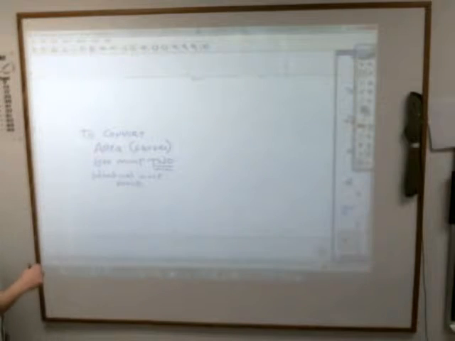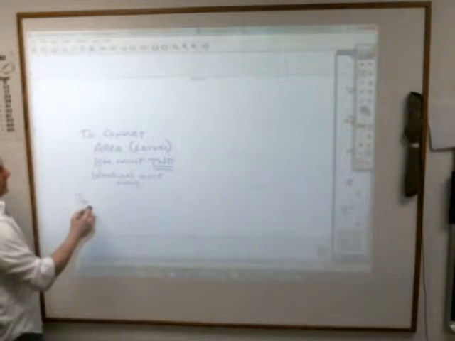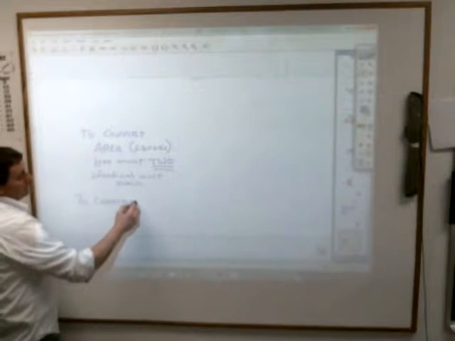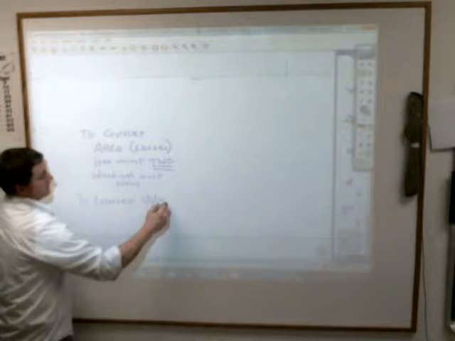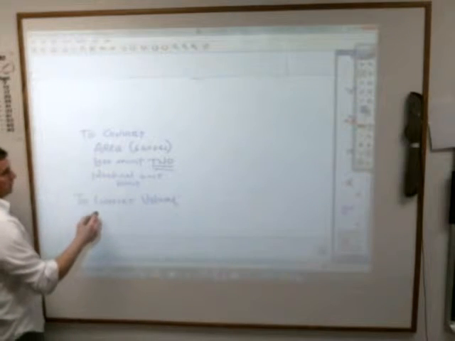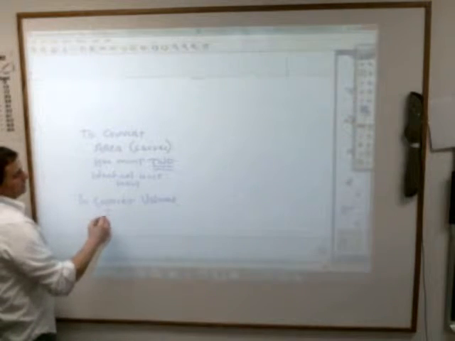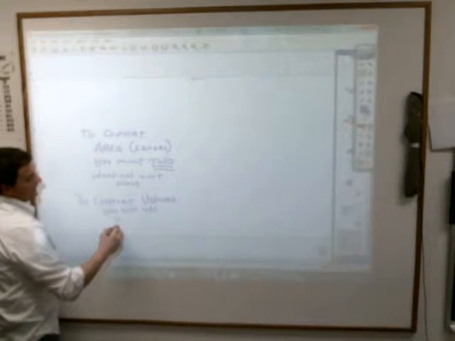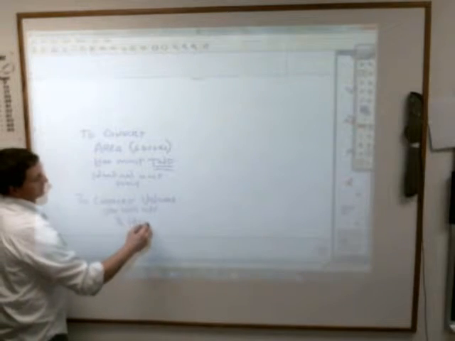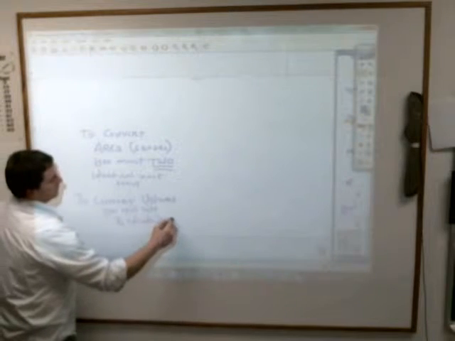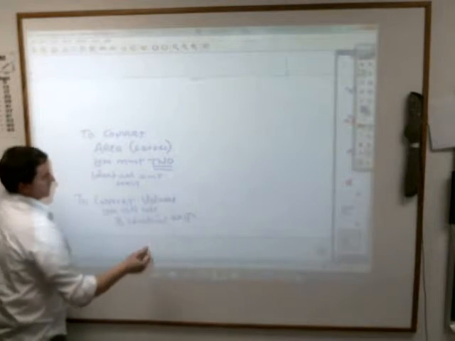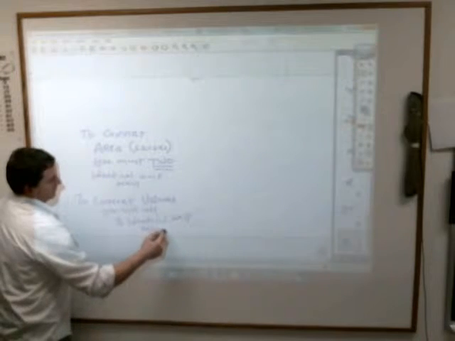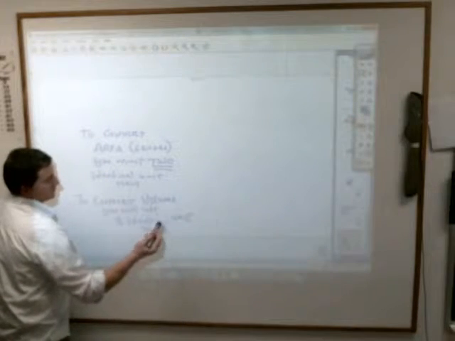And to convert volume, you're going to have to use a cube. You will use 3 identical unit multipliers, and I'll show you why in just a short second.